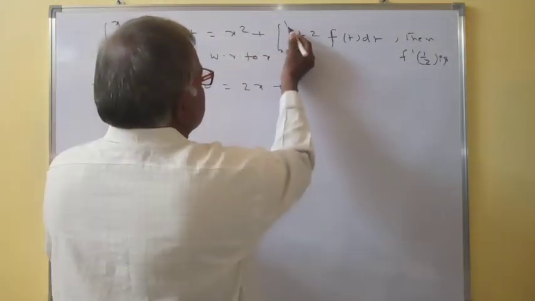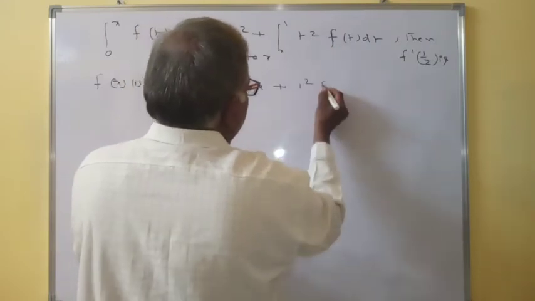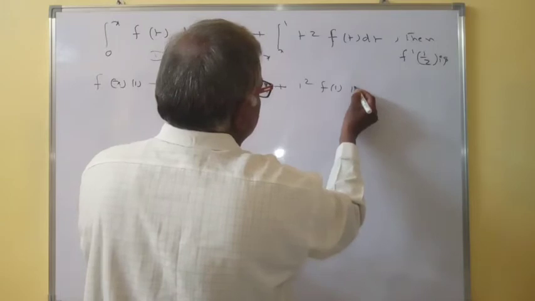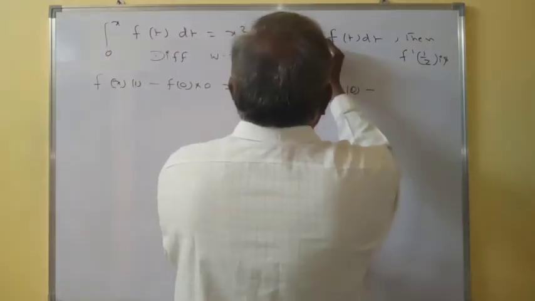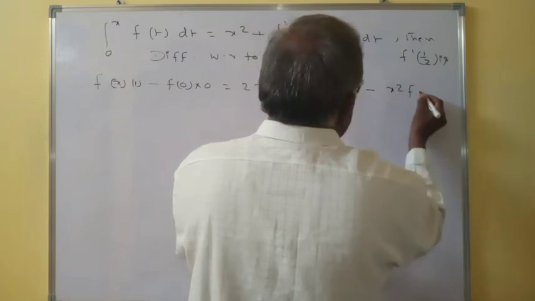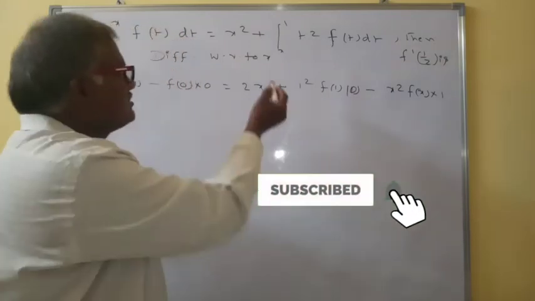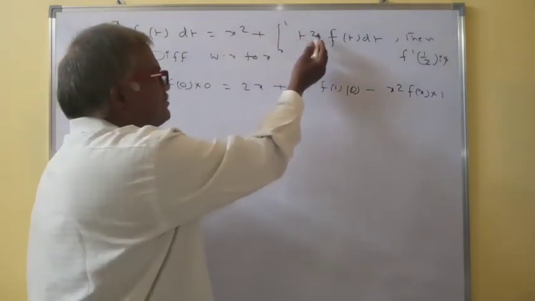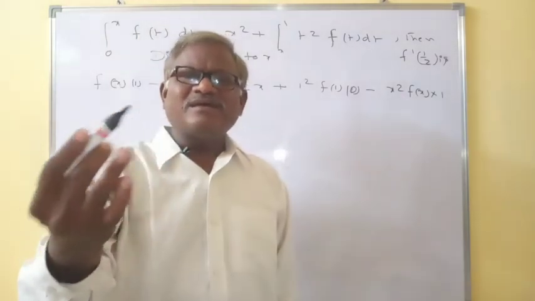Next, the same, substitute the upper limit: 1 square into f of 1 into 0, because the derivative of 1 is 0, minus x square f of x into 1. Using Leibniz theorem, you just substitute the upper limit and its derivative, then the lower limit and its derivative.